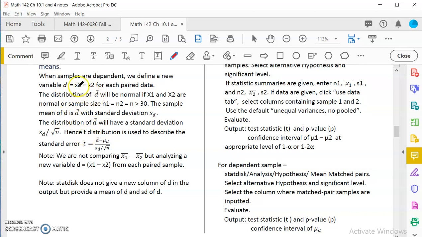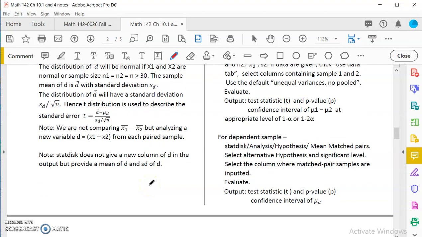So if x1 and x2 are normal, the D bar will be normal also. And then the sample standard error would be s over square root n, right? So you would have a normal distribution with mean mu d, the mean of the difference, and in x0 it's usually 0.